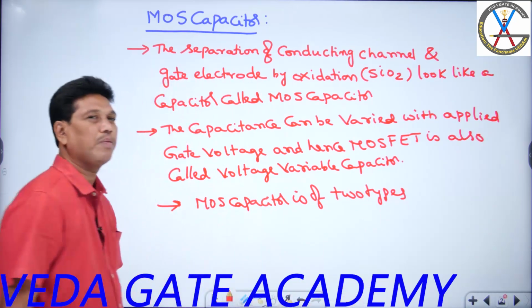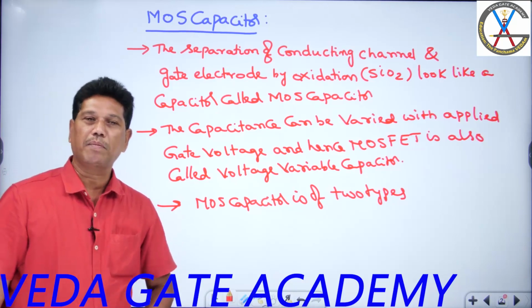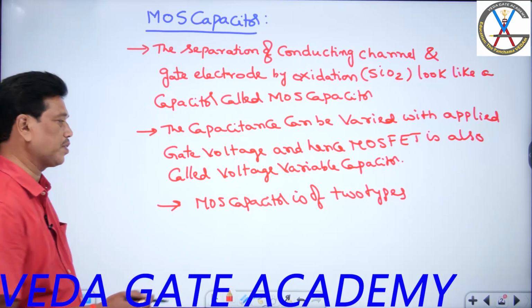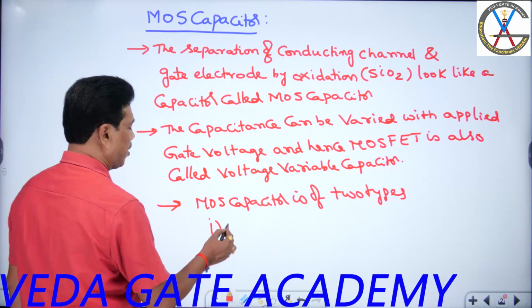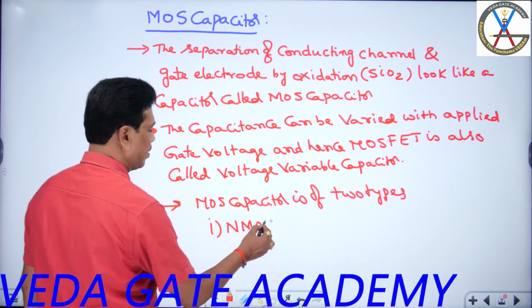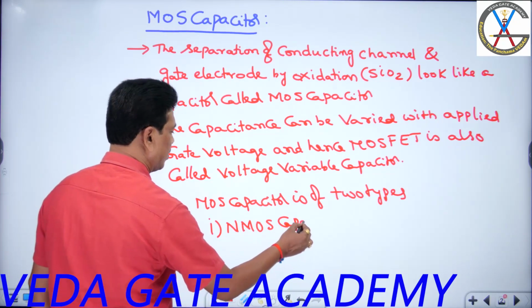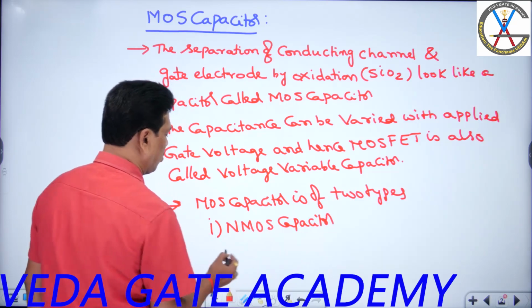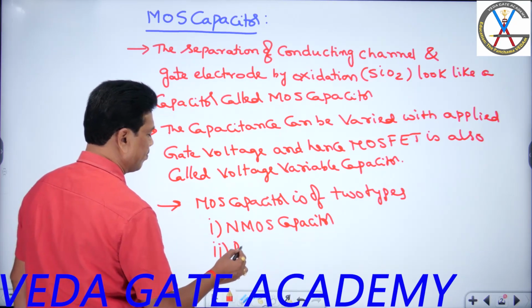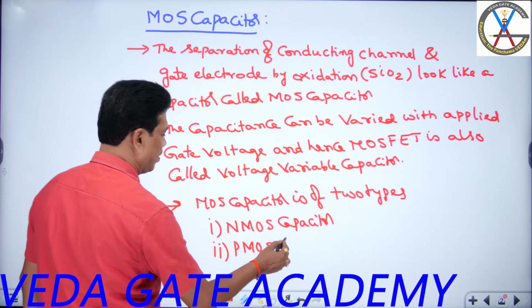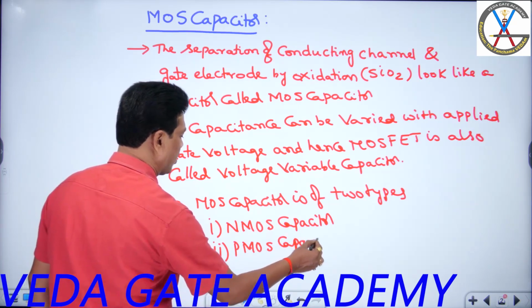What are the two types of MOS capacitor, students? One is the Nmos capacitor, the other one is the Pmos capacitor.